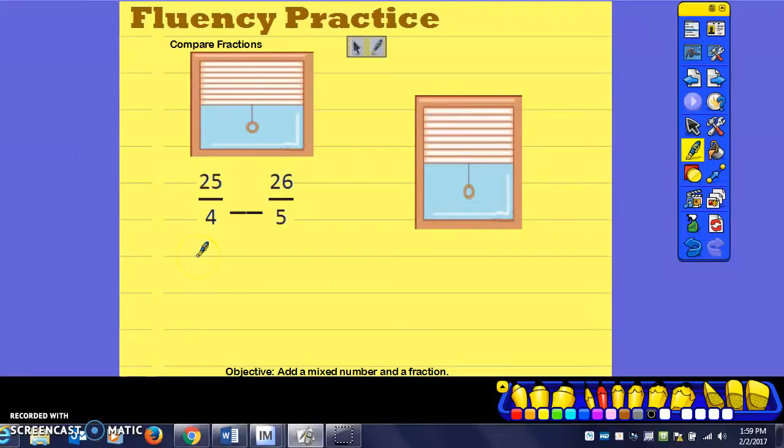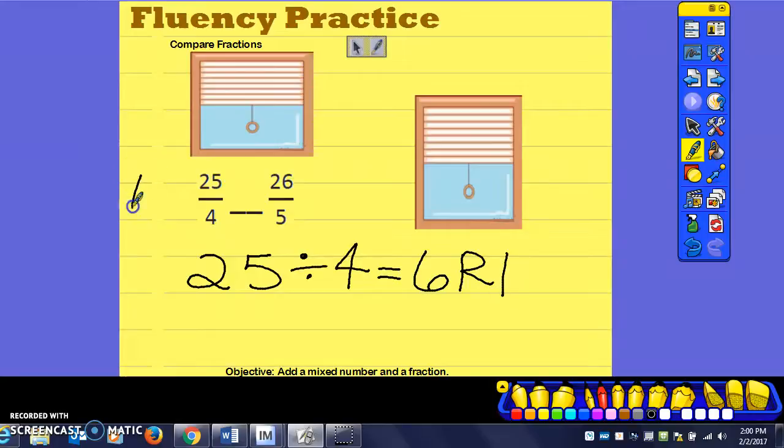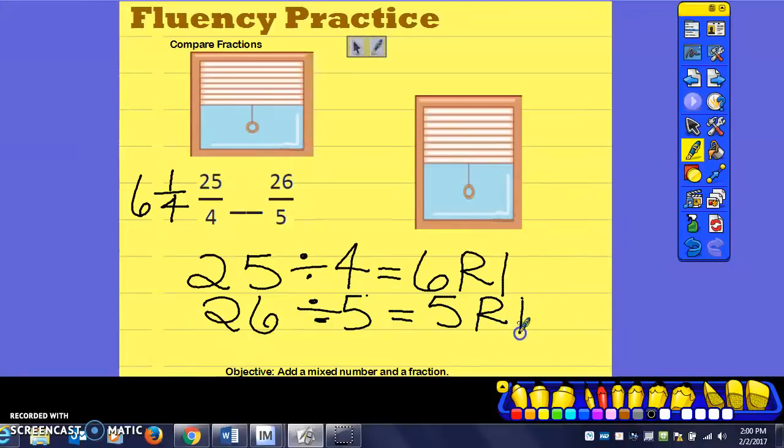But we notice they're both improper fractions, so we're going to change them to mixed numbers. So 25 divided by 4 equals, 4 times what gets me the closest to 25 without going over? That's 6 with a remainder of 1. So 6 and 1/4. And then 26 divided by 5 is 5 with a remainder of 1.